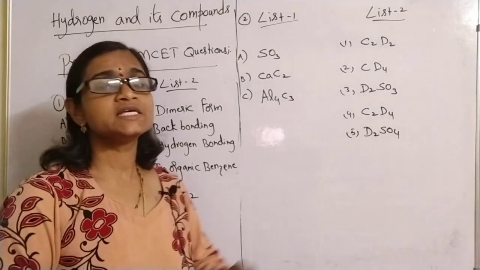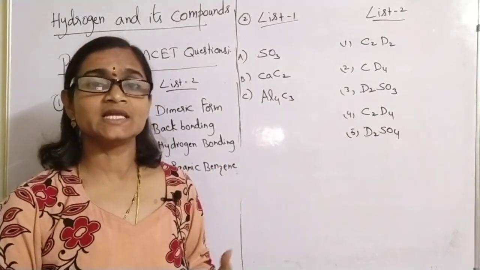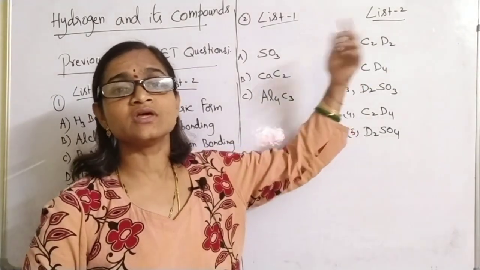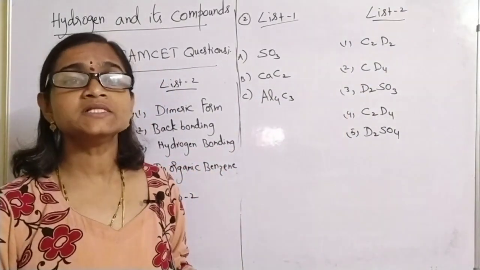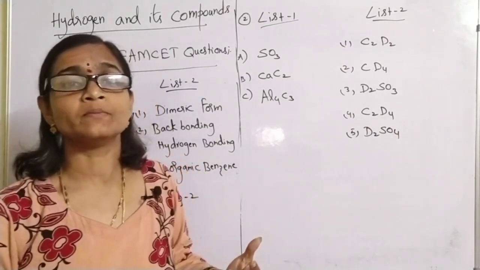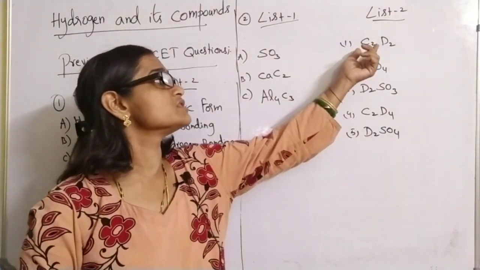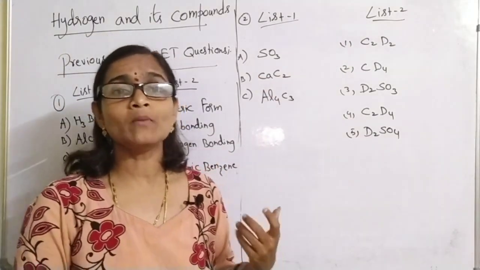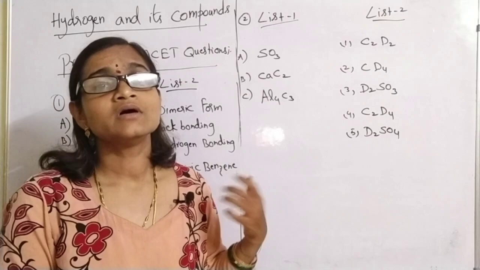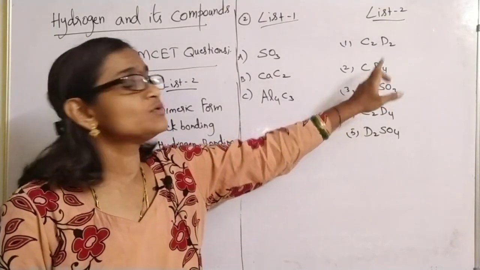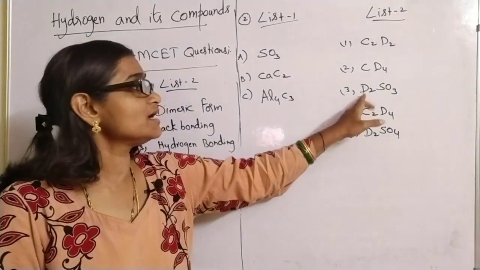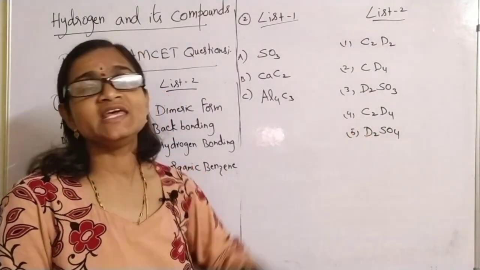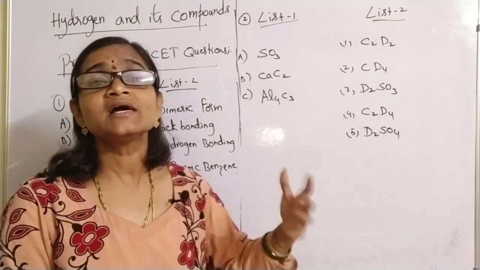If it is C2H2 you call it acetylene or ethine. Here instead of hydrogen you are finding D, that means it is deuteroacetylene. Same like that deuteromethane, deuterosulfurous acid, deuteroethene, deuterosulfuric acid.